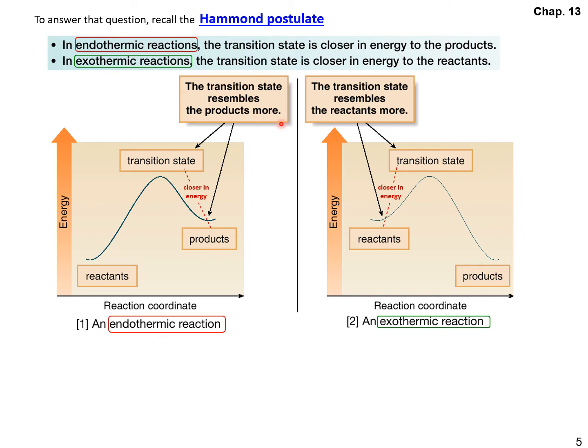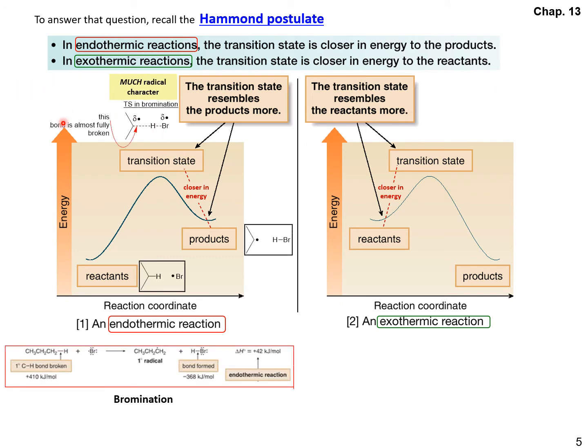For an exothermic reaction, this is the reaction energy profile. And in this case, the transition state structure is closer in energy to the reactants than it is to the products. In this case, the Hammond postulate states that the transition state structure would then more resemble the reactants than it does the products.